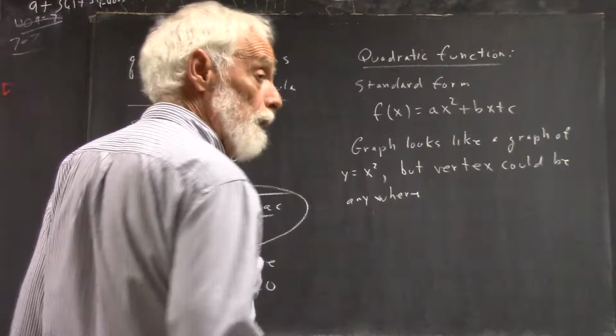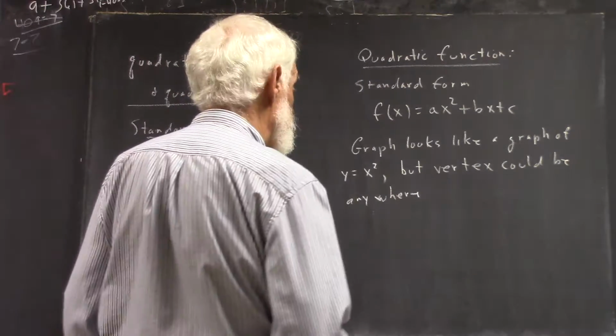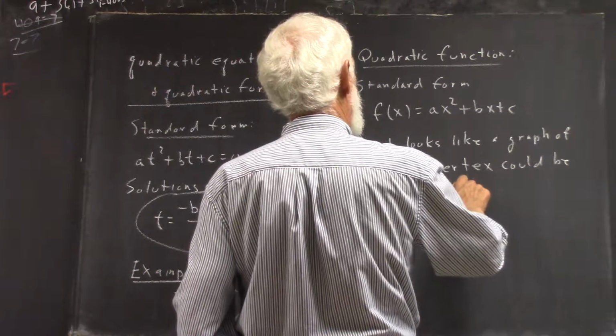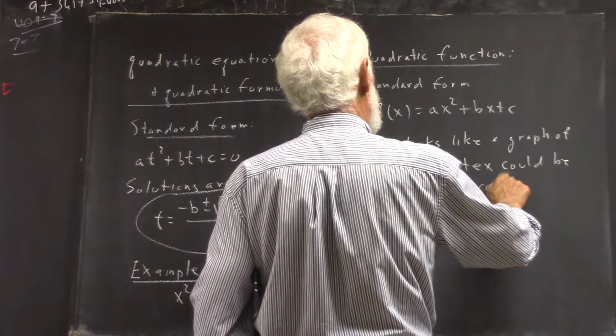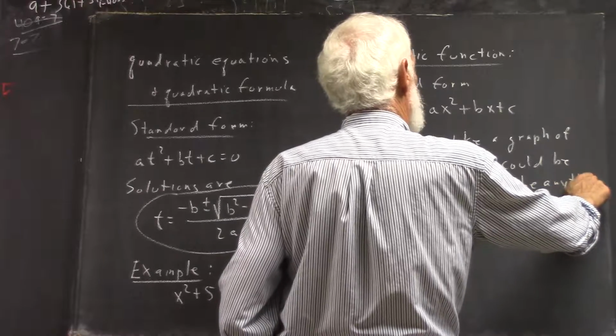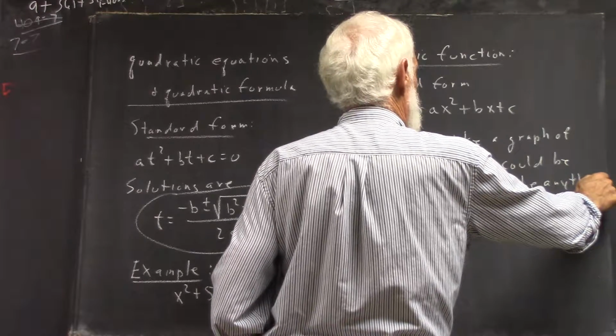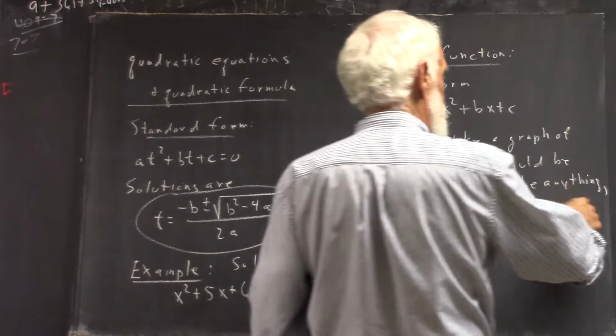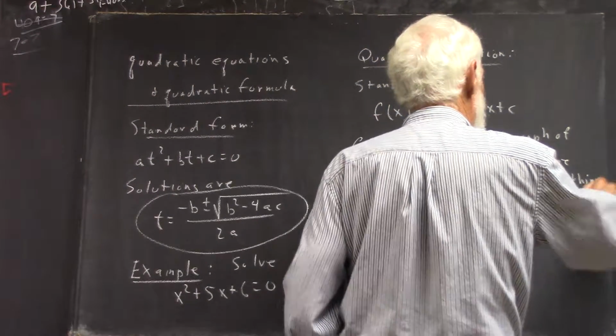The vertex could be anywhere. Scale could be anything, which is not really mathematically specific. Now it looks like anything.